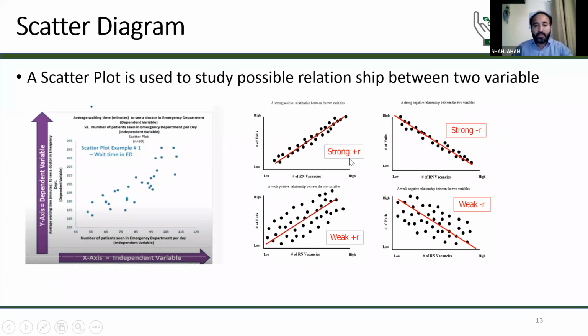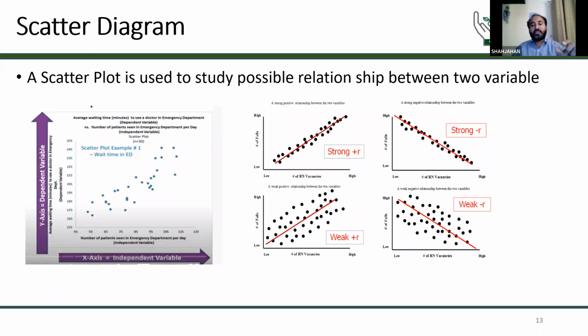So if you see in the strong positive relationship, the vacancies of nursing are increasing here. These dots are increasing. As the vacancies of nurses increase, meaning we have a shortage of nurses, with this data, falls are also increasing. So in this graph, I am correct when I say that as the vacancies of nurses increase, the fall data is increasing.